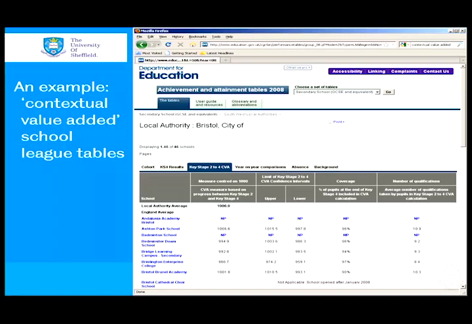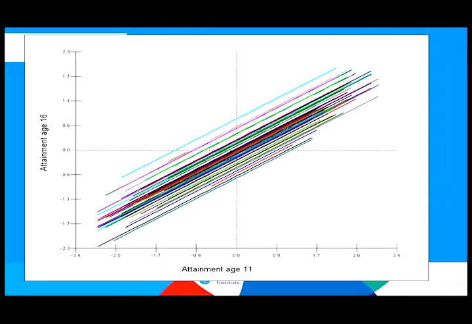So some examples. One example of this is school league tables. They've changed the system in recent years to another measure, but it used to be the case that these school league tables were done on the basis of a multi-level model. These are called value-added league tables. It was basically a plot of your attainment in your GCSEs against your attainment when you arrive at secondary school at age 11.